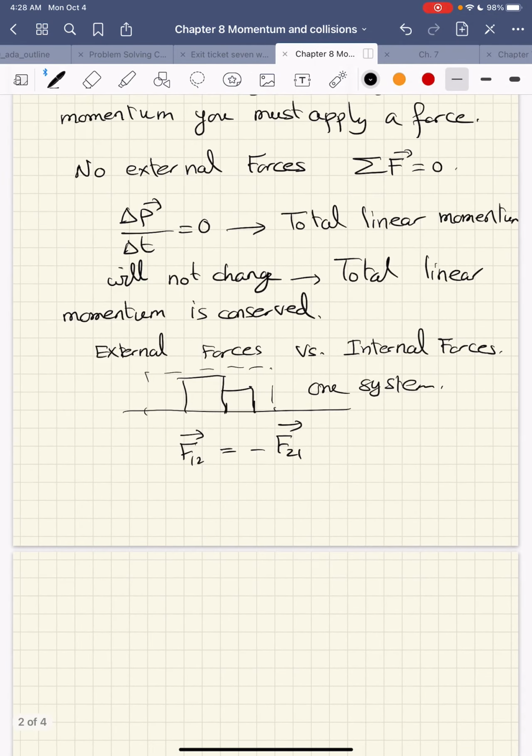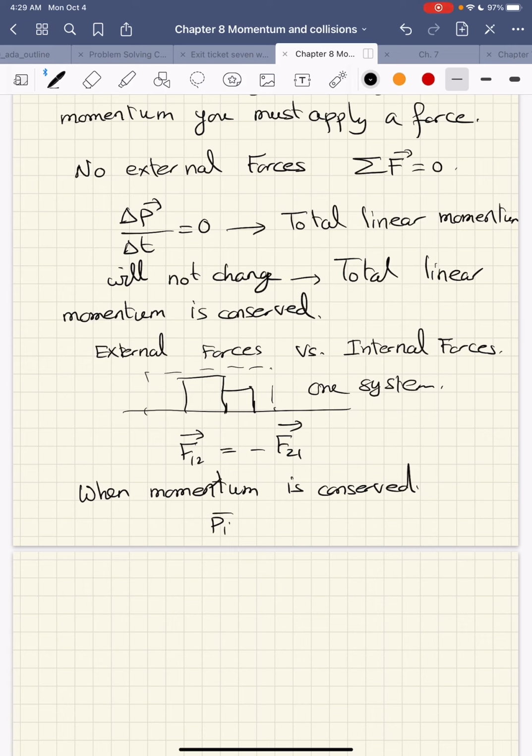What does that mean? When momentum is conserved, this means I don't have external forces: there is no push, no pull, no friction, no external forces at all.